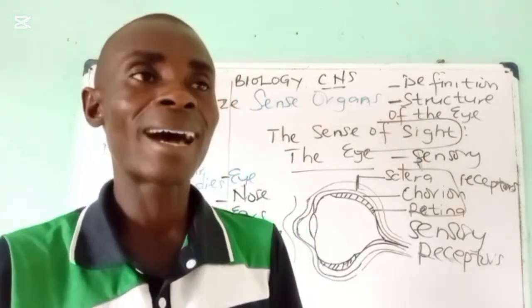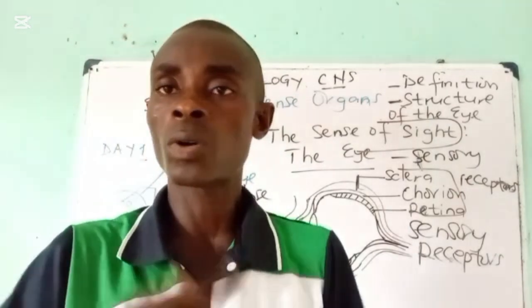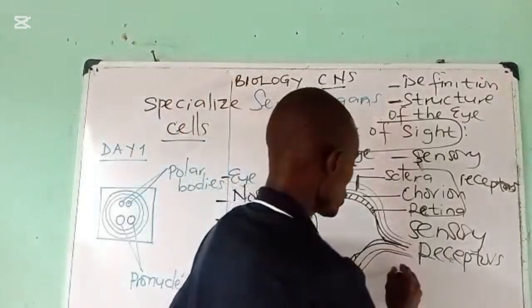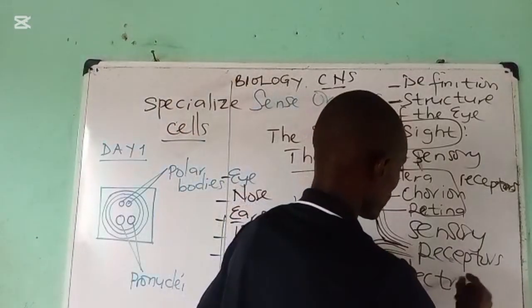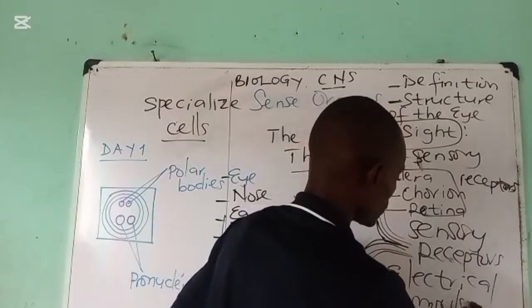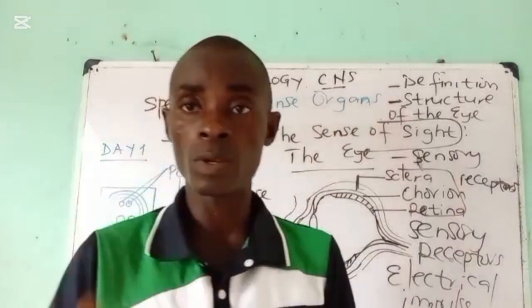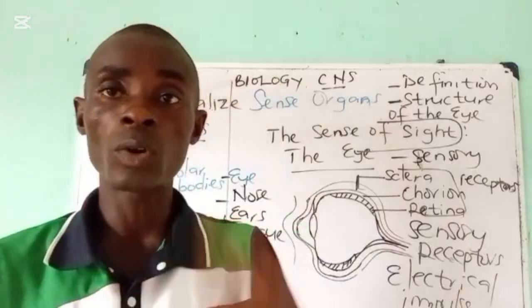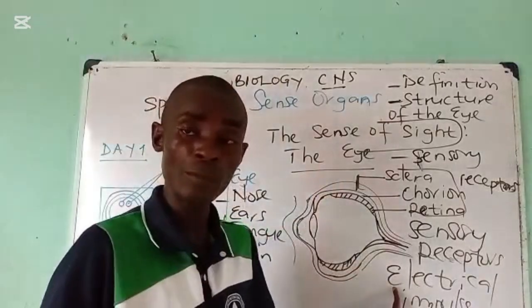They detect it and then transduce it, or convert it, into electrical impulses. After they detect the stimulus, like the temperature, they convert it into electrical impulses.